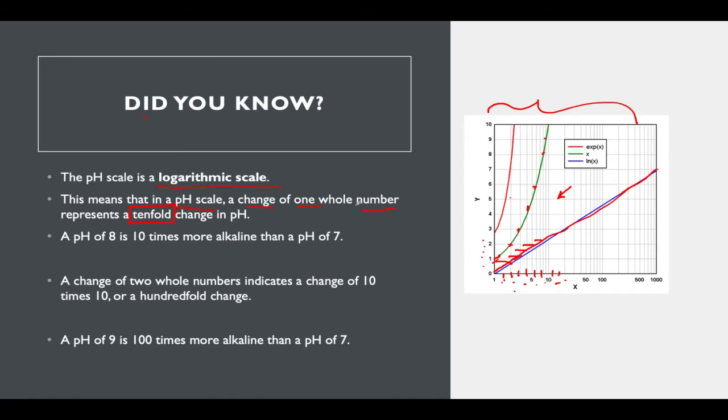If we go from, let's say, 5.5 of our acid mantle pH and shift it to 6.5, what we are doing is moving it tenfold in the alkaline direction.